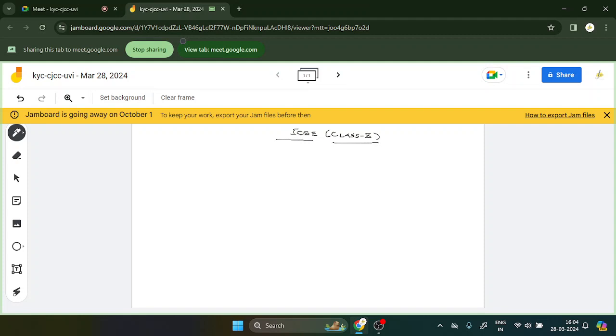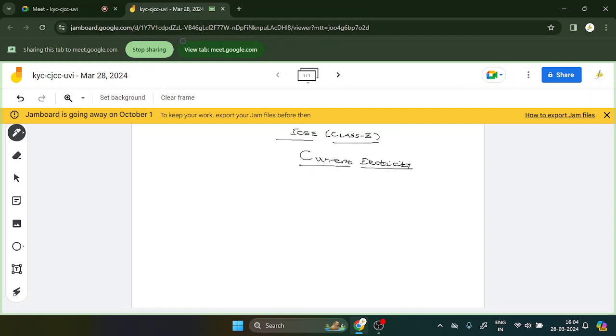So this is ICSE class 10th, and the chapter which we are going to discuss is current electricity. Very important chapter.